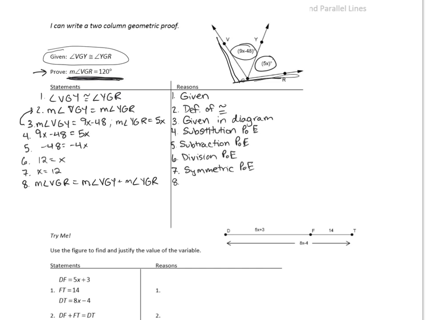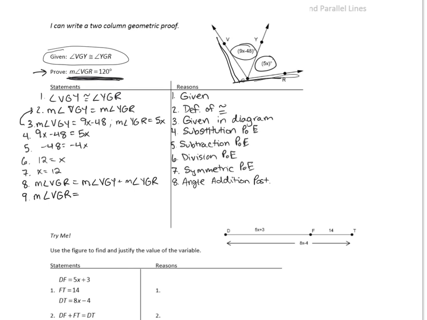That is my angle addition postulate that we learned about a while ago. So at this point, I substitute in the things I know. I don't know the measure of angle VGR. That's what I'm looking for. But I do know these two pieces. We listed them way up here.